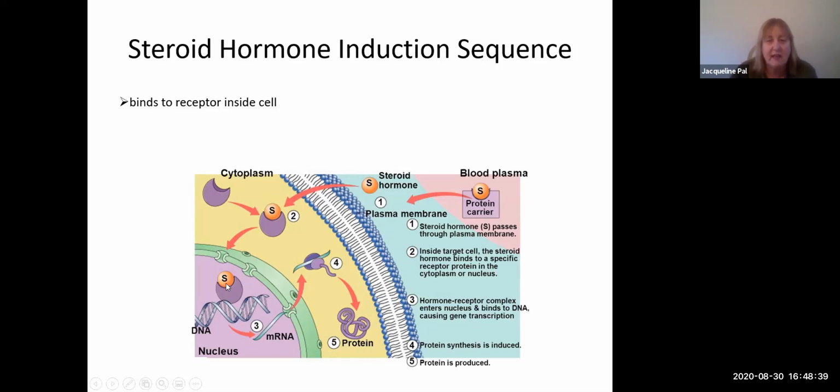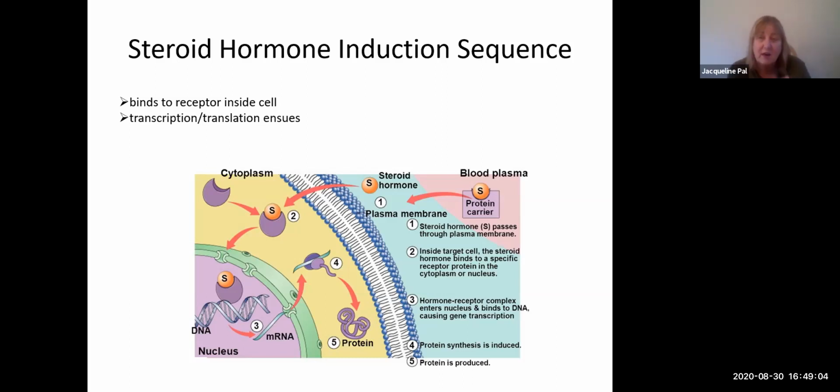Inside the nucleus, this hormone receptor complex then binds to DNA, and that triggers gene transcription, where we take the DNA and make complementary messenger RNA, which exits the nuclear pore to go back into the cytoplasm to bind to a transfer RNA, which is then going to trigger translation.